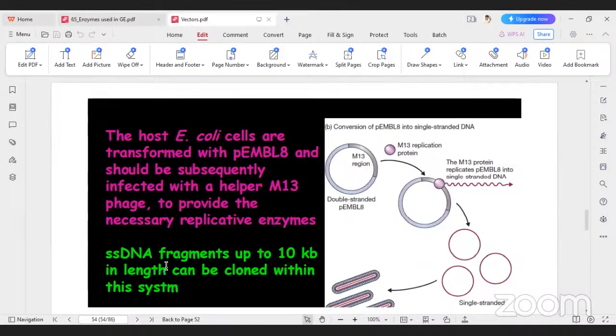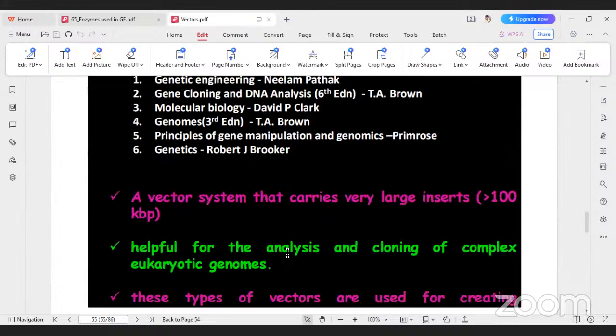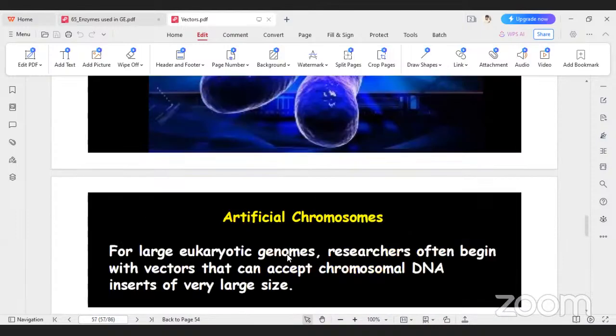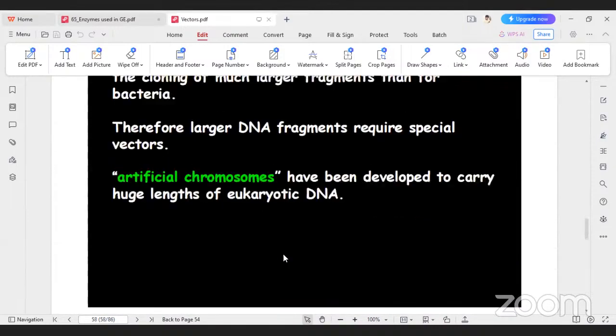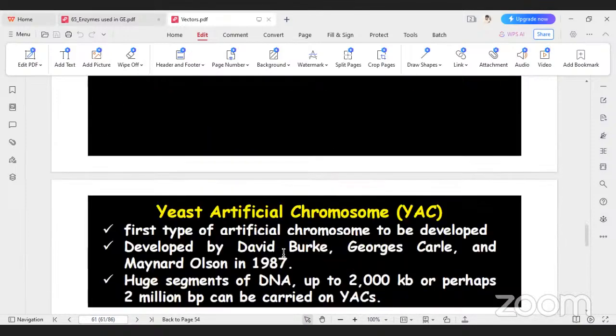Single-stranded fragments up to kb in length. High capacity vectors, artificial chromosomes, are needed.